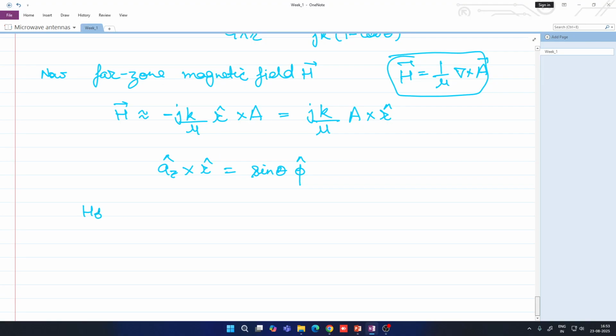So now the H field will only have the phi component in the far zone. The r and theta components are 0.